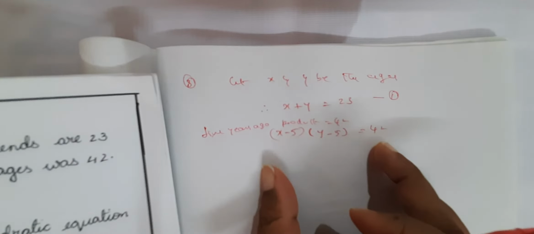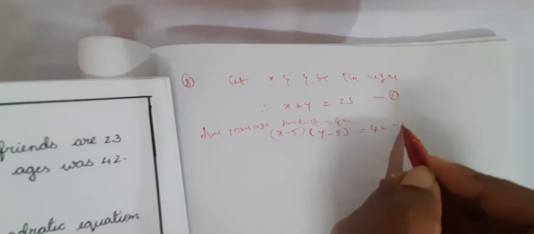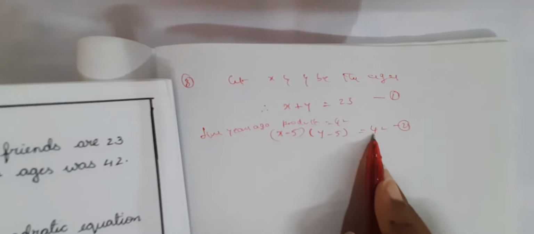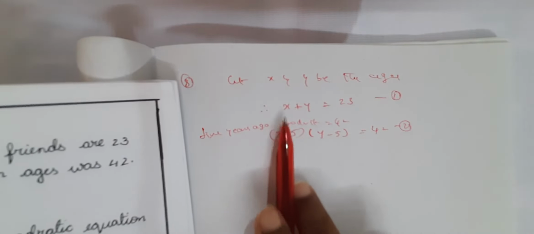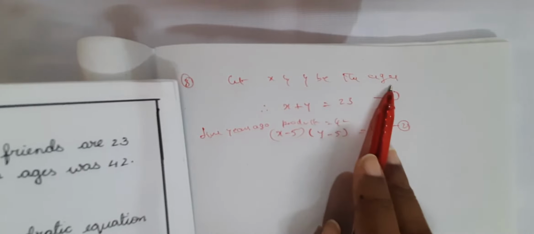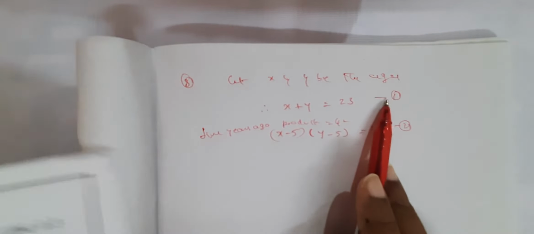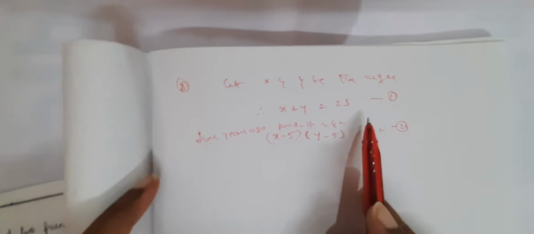Okay, so this is what we have in hand. We have to solve for X and Y because X and Y are the present ages. Now this is the problem to be solved.